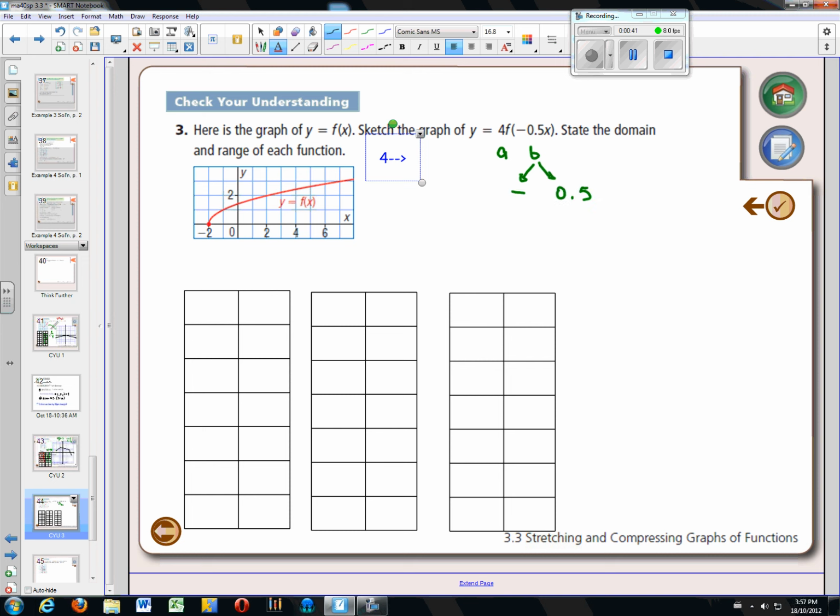You should remember that B being negative is a horizontal reflection, and the half, B's bad, does the opposite: a horizontal stretch by 2.